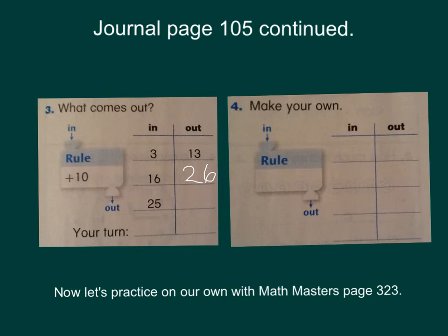Nice work, boys and girls. You're right. Our next number is going to be 35 in our out column. Now it's your turn to go ahead and pick whatever number you want to do for an in. Put it through our function machine where you're going to add 10 and figure out what your out is. Do this now.